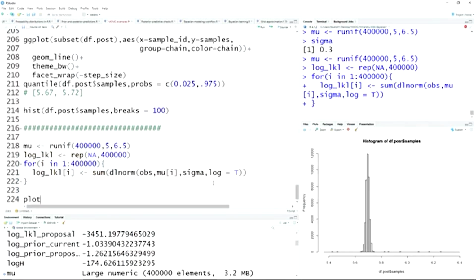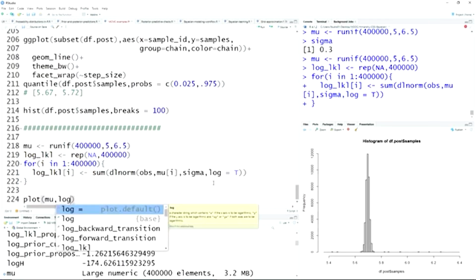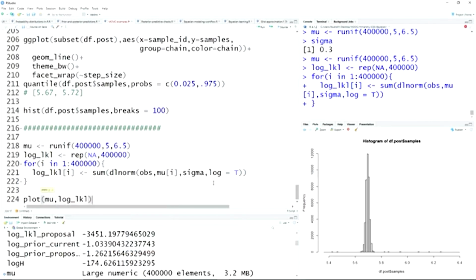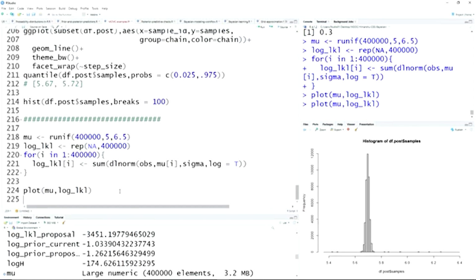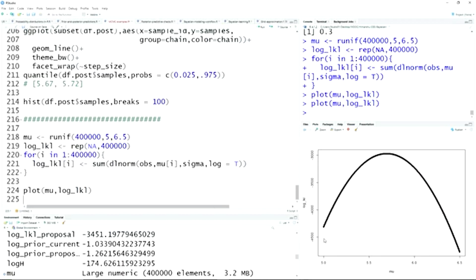If you want to visualize how it looks like, you can plot mu versus log likelihood. Okay, just taking some time. This is how the log likelihood looks like.